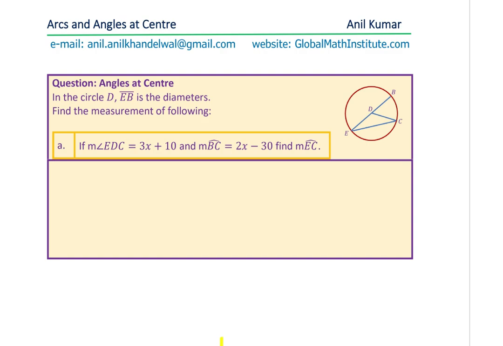So, in the very first question here, we have the measurement of angle EDC, which is this angle. The measurement of angle EDC is 3x plus 10.